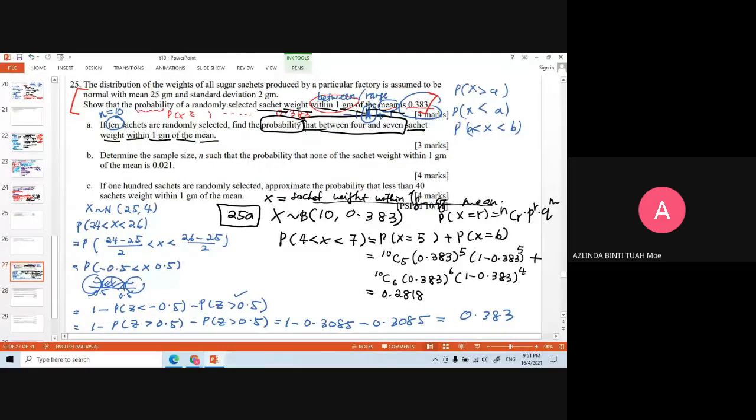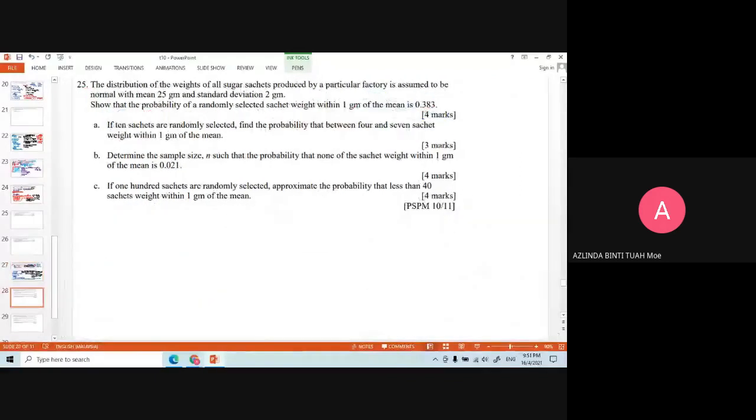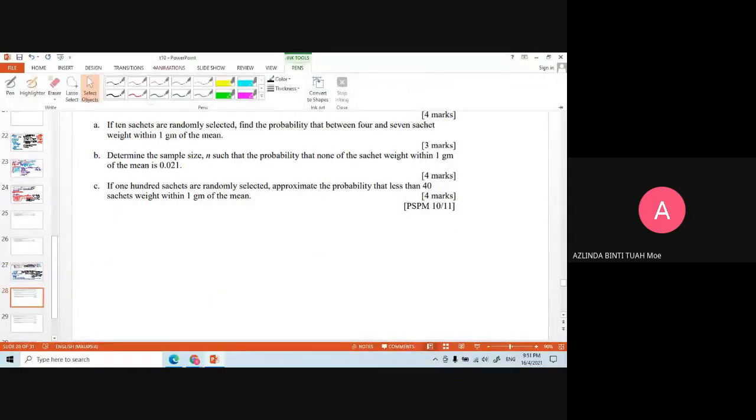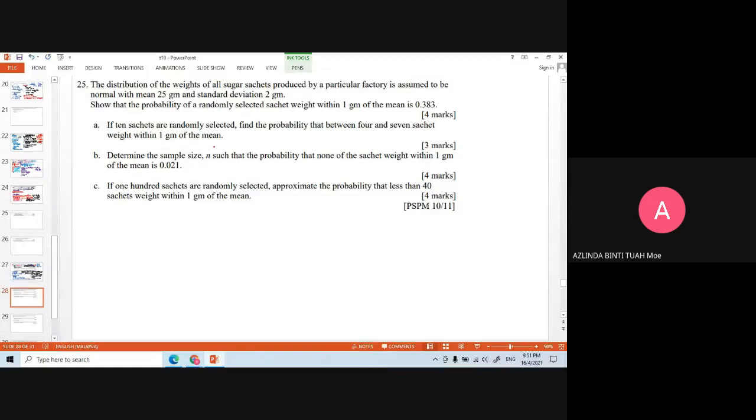Okay, soalan B. Determine the sample size N. Once again, we can see N. So kalau N ada dua possibility, sama ada the binomial itself dalam 10.1 atau 10.4. Hold on dulu. Such that the probability, nampak perkataan probability, tulis P(X), that none of the such, none which is equal to 0. Okay, dah nampak none, ni dah nombor lah ni, 0.